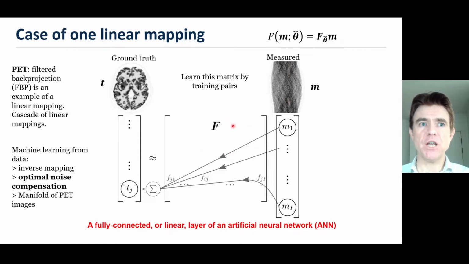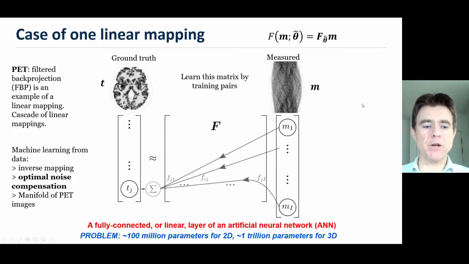It would be, if you like, trying to find noise compensation within that linear operator so as to best match the ground truth. So that's a big advantage already. And also it would be learning, effectively as best as possible, it's quite difficult with just a linear mapping, but it would be learning also to only deliver reconstructed images that are members of the manifold of PET images.